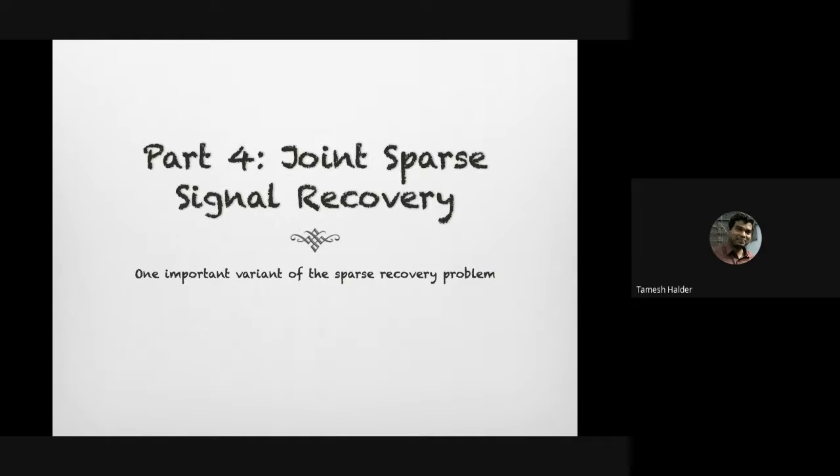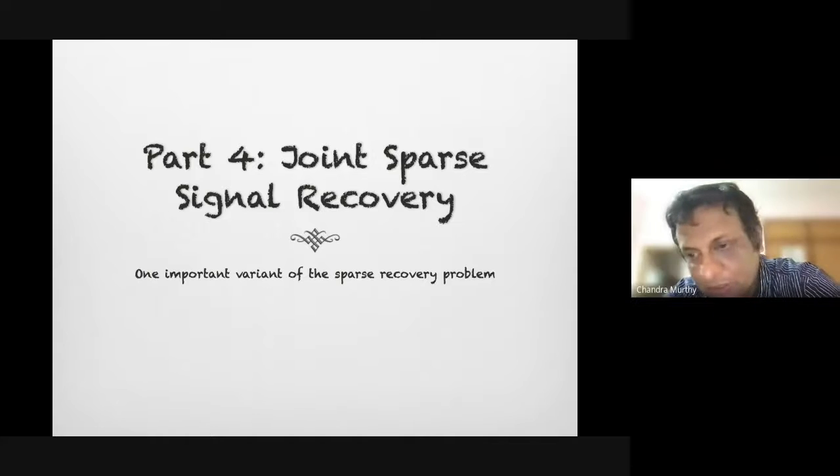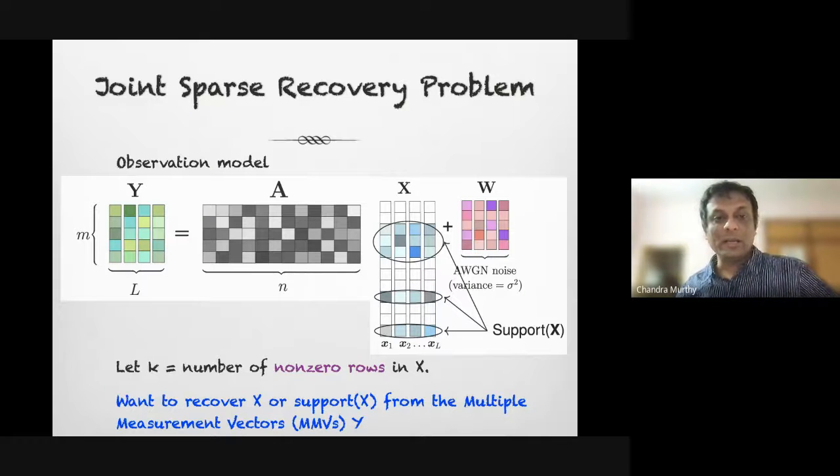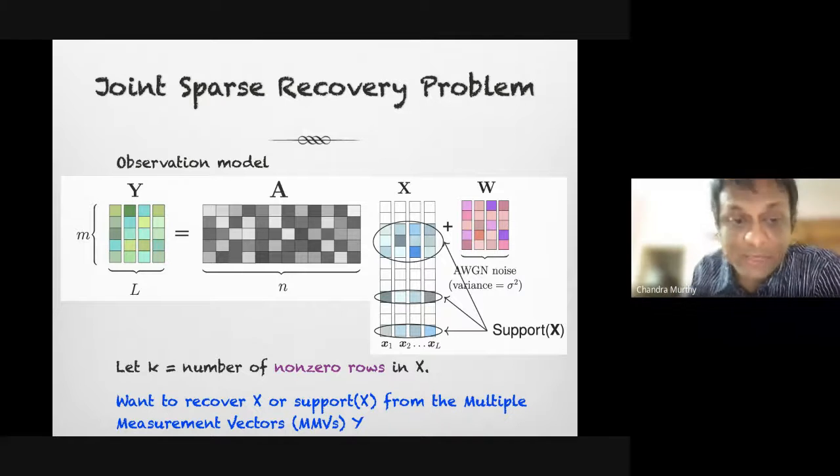Thank you, sir. Okay, so then, we'll continue on with a slightly different flavor and very important variant of the sparse recovery problem, which is known as joint sparse signal recovery. So here, the model is like this. Instead of getting one single vector y, which is equal to A times x plus noise, you actually get L consecutive observations.